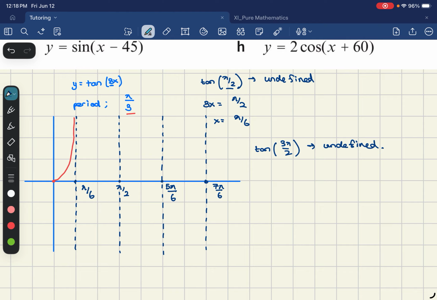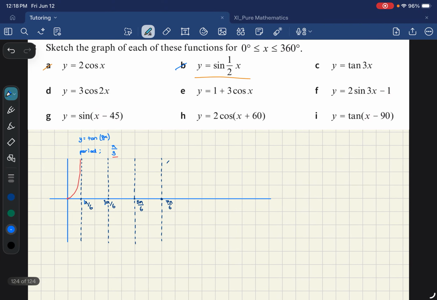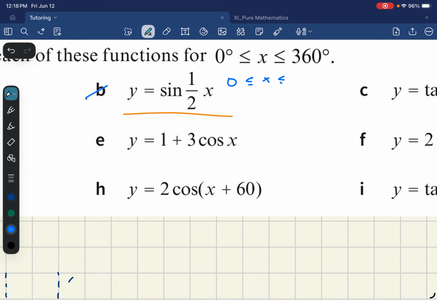So this is pi over 6. You can write this as 3 pi over 6, 5 pi over 6, 7 pi over 6. So you can see the pattern actually. Your next asymptote is going to be at an odd multiple. So this is 1 pi over 6, 3 pi over 6, 5 pi over 6, 7 pi over 6. And remember, they ask you for degrees, so you can always switch to degrees, but you can also just plot this graph for 2 pi.